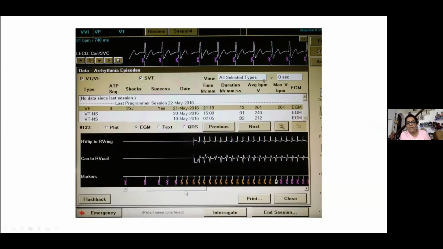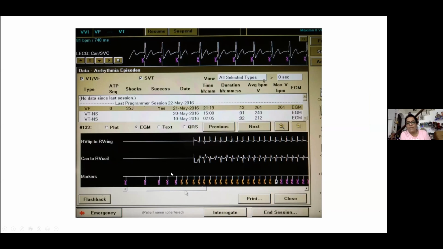The V-sense, V-sense, V-sense, and then suddenly very fast firing. You can see the FIB-sense, FIB-sense, very, very fast firing, like 180 millisecond. This is not a monomorphic VT. Monomorphic VT does not start like this, with 180 millisecond or 320 beats per minute, or 270, 280 beats per minute.